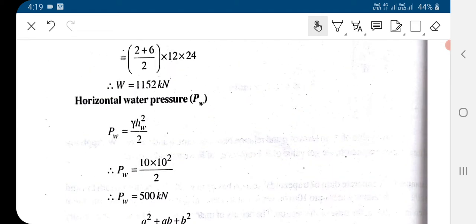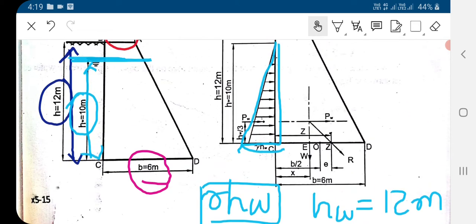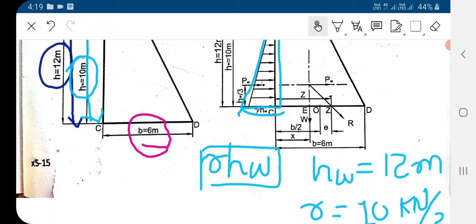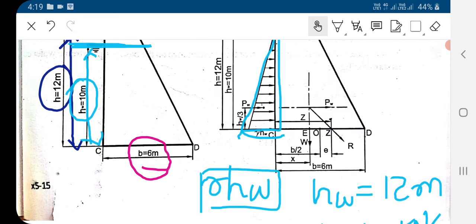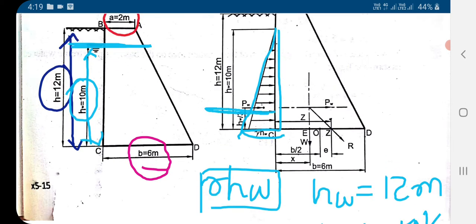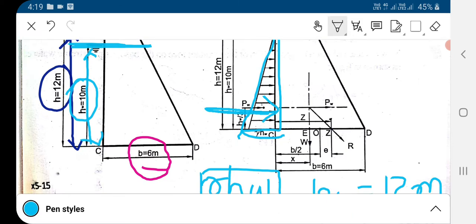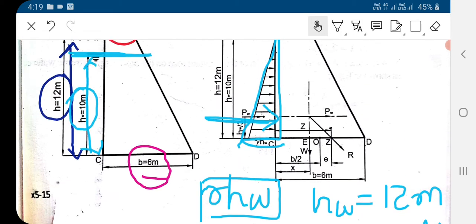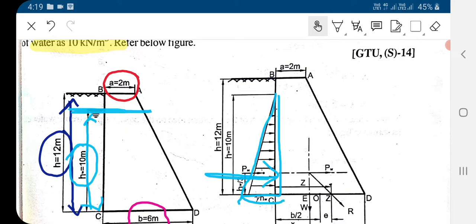By using this we can easily find this gamma into HW. Now we have found this gamma HW. Now we have to compute the total pressure PW, and how can we compute this PW? By using the area of this triangle.